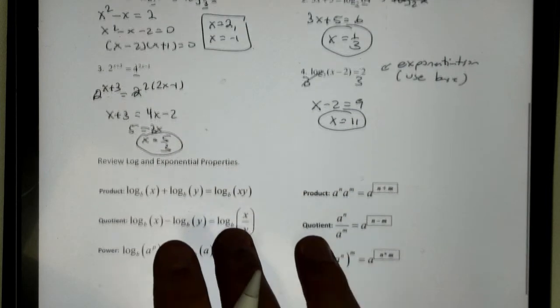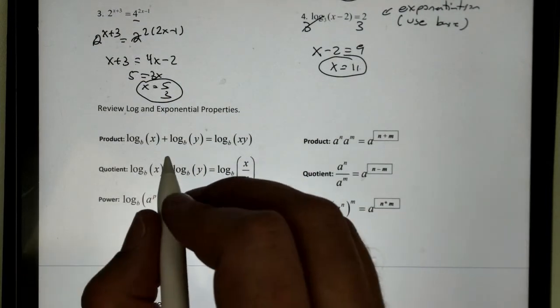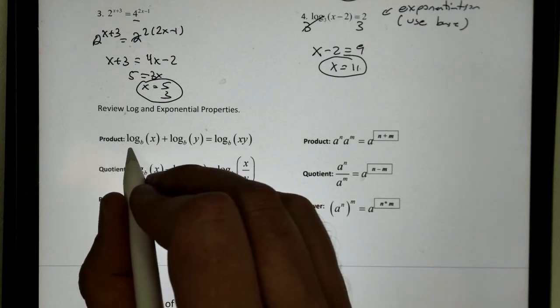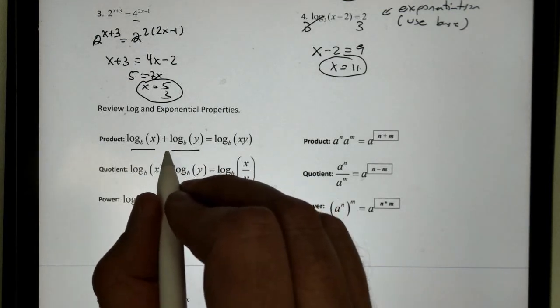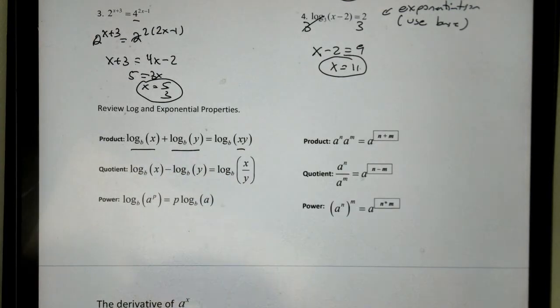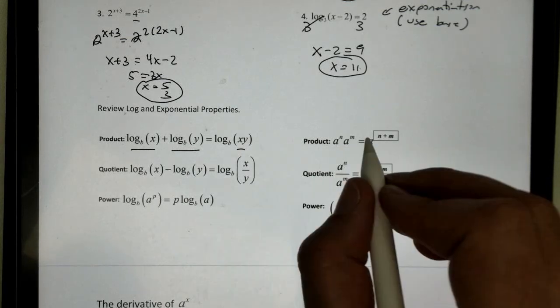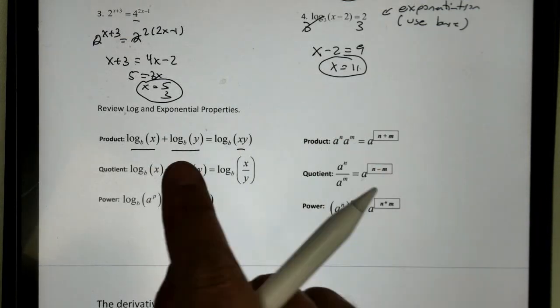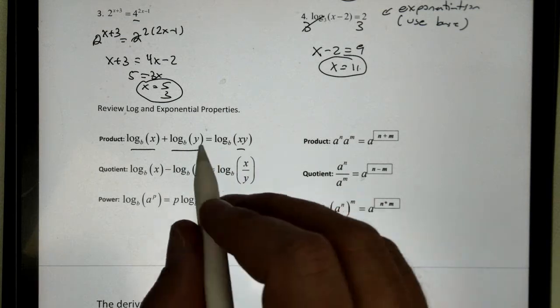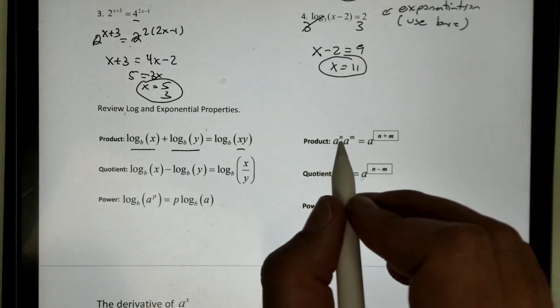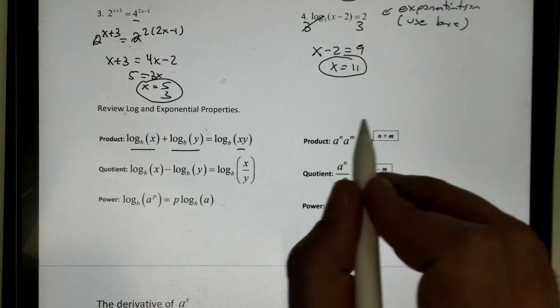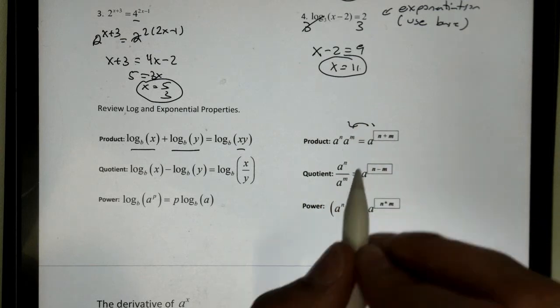You can review your log properties here. Remember our log properties. If I am adding two logs with the same base, I can multiply them together. And again, that comes from our product rule for exponents. Logs and exponents are the same. They're just inverses. If I'm multiplying the same base, I can add the exponents. I can go forward and backward if I wanted to.